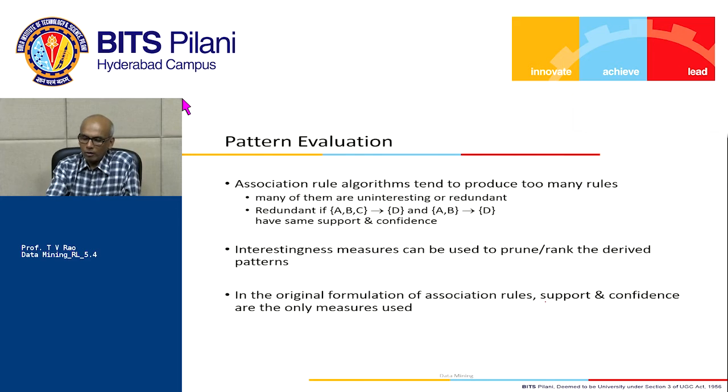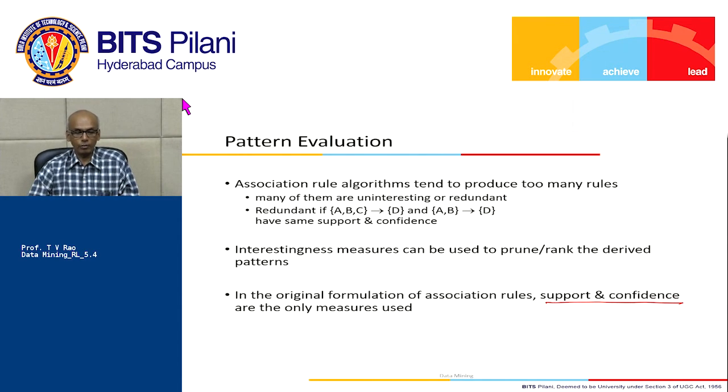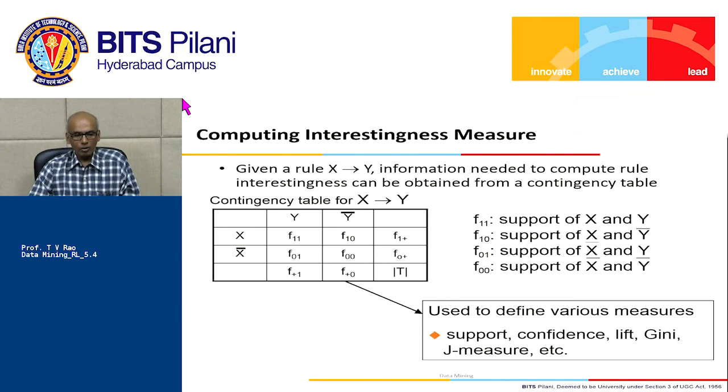Originally, support and confidence were the measures to check the interestingness of a rule, but they may not be effective in all cases. So people started using other measures such as lift, the J measure, etc., to look at whether the rule is interesting.